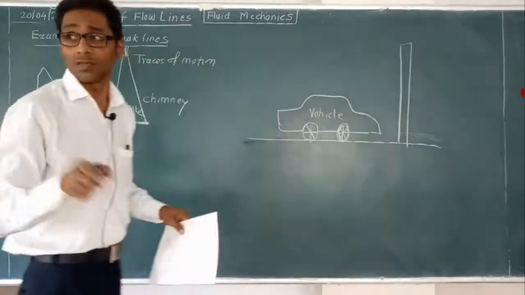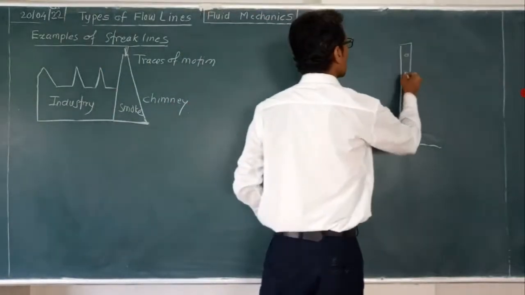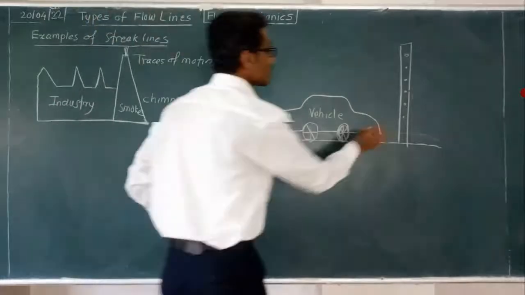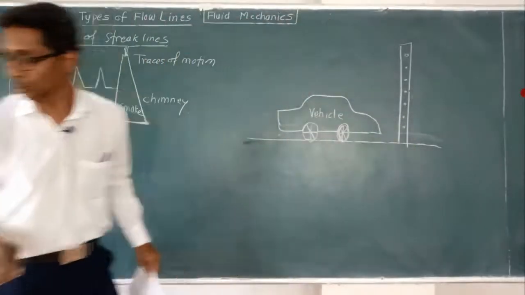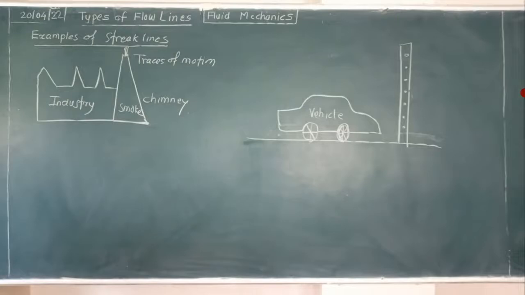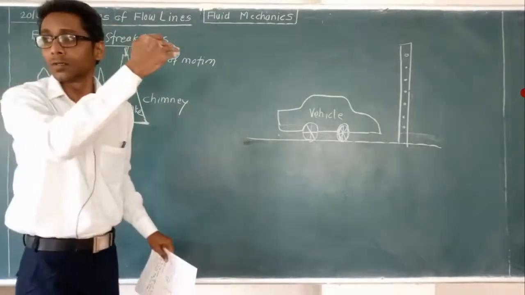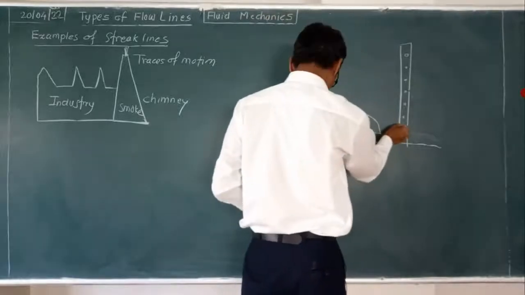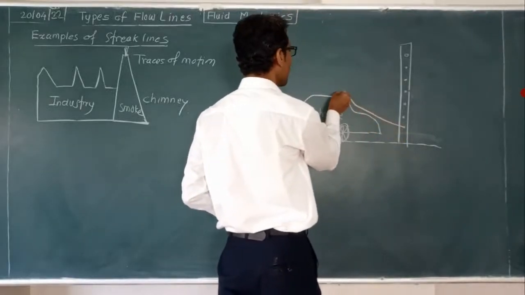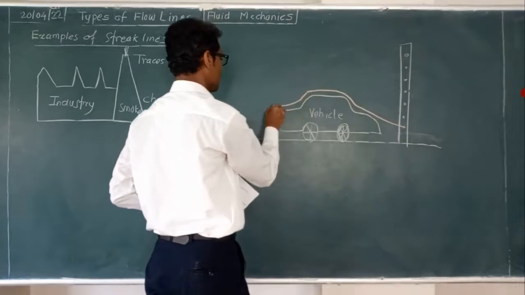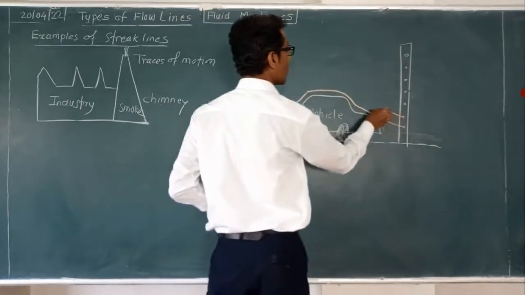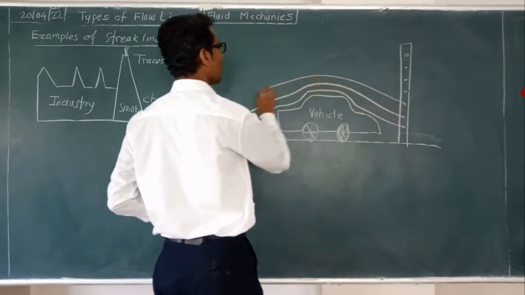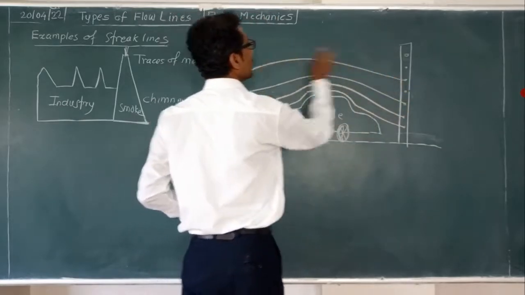So to visualize this flow intentionally, there are some points. Through these points, smoke is generated, and this smoke is intentionally passed forcefully. There is a blower, a fan, so when it is flowing, it follows this kind of path.